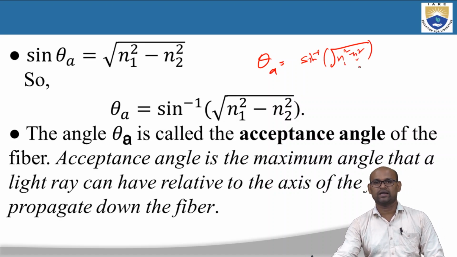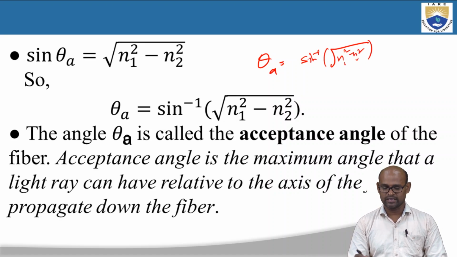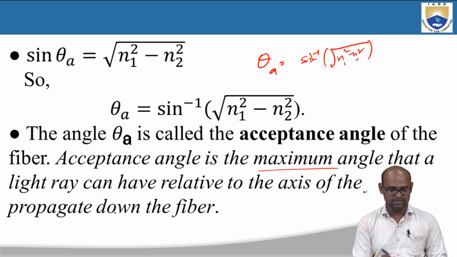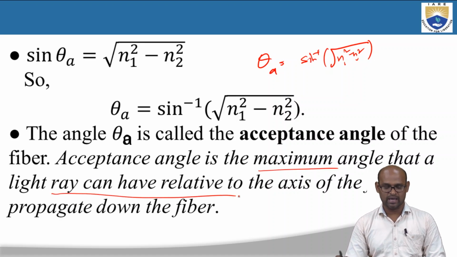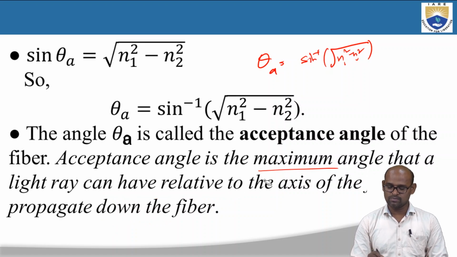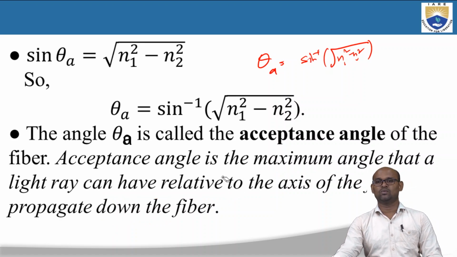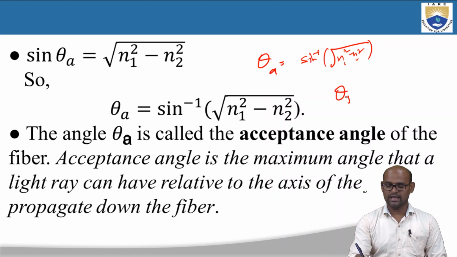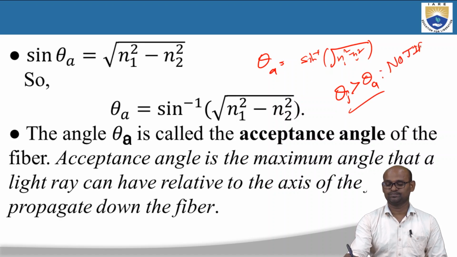This is the acceptance angle, and I define the acceptance angle as the maximum angle that a light ray can have relative to the axis of the fiber, so that the light can propagate through total internal reflection in the optical fiber. If you are launching with an angle of incidence theta I greater than theta A, then there is no total internal reflection.